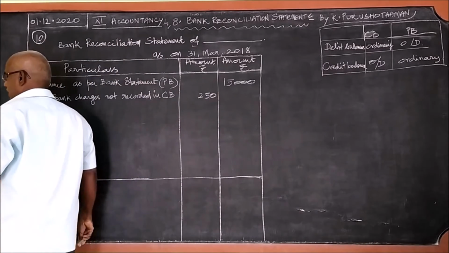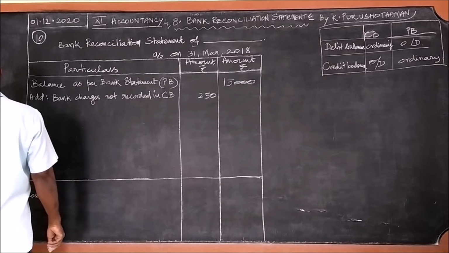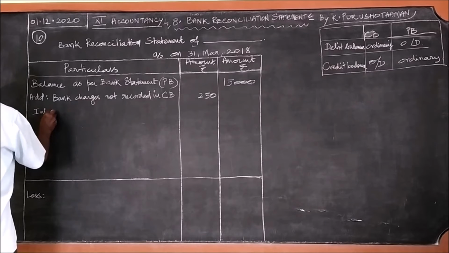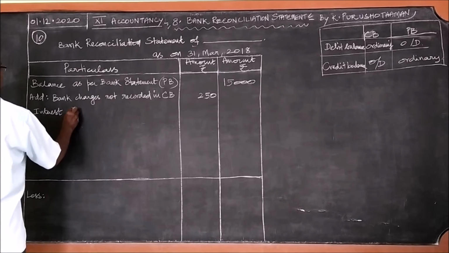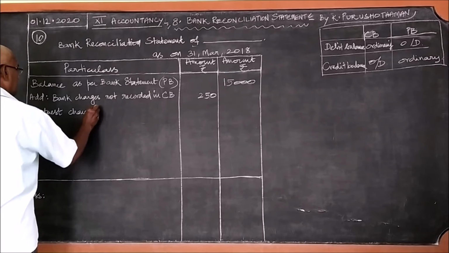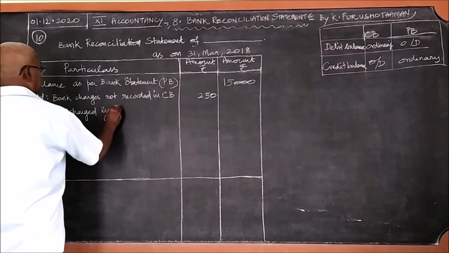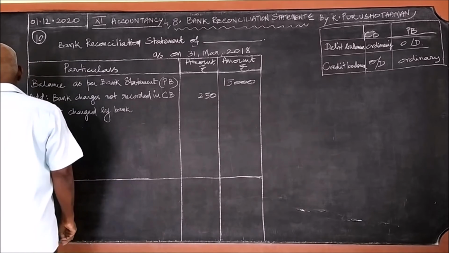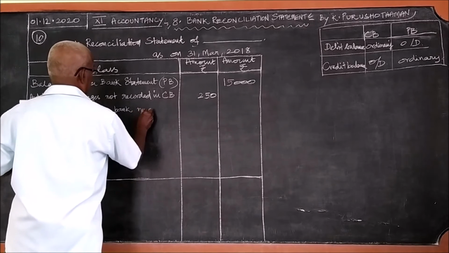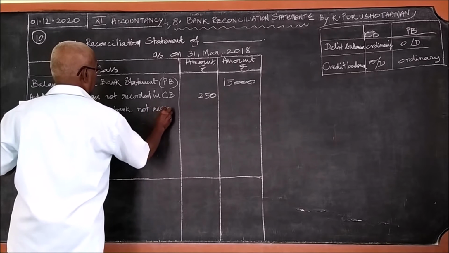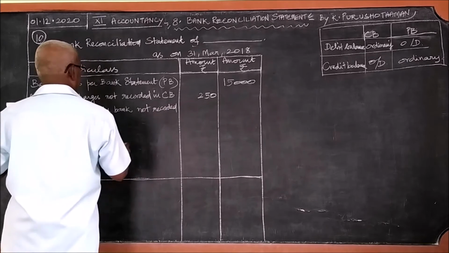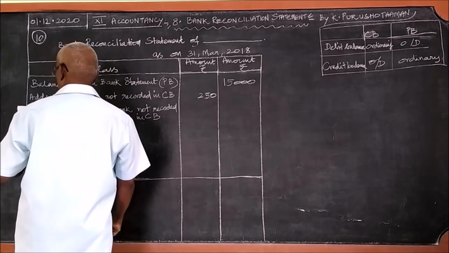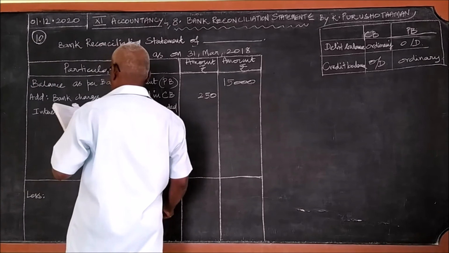Then the next one, interest charged by bank not recorded in cash book. The amount is 500.